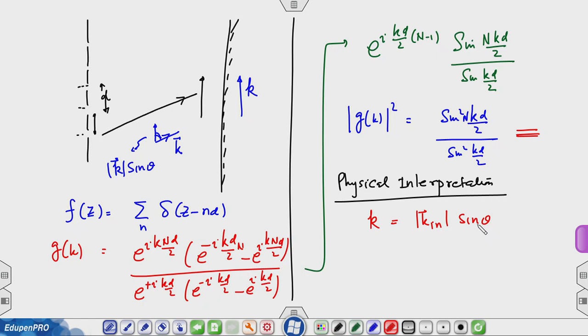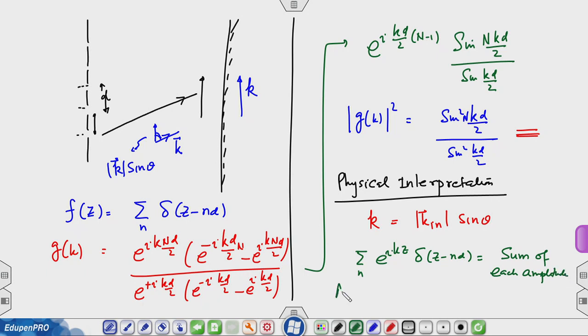So, it is actually giving you the phase of the wave, and when I add over each source, summation e raised to I k z delta z minus n d is nothing but sum of each amplitude.